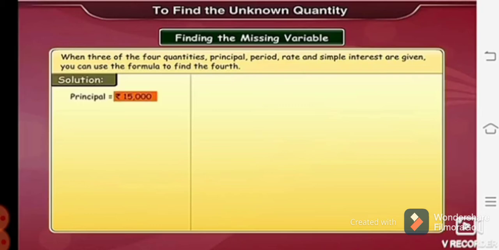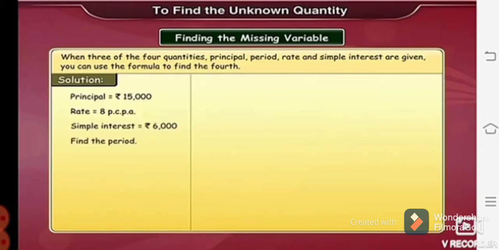So principal is equal to rupees 15,000, rate is equal to 8 PCPA, simple interest is equal to rupees 6,000. Find the period. Okay. So now P is equal to rupees 15,000.